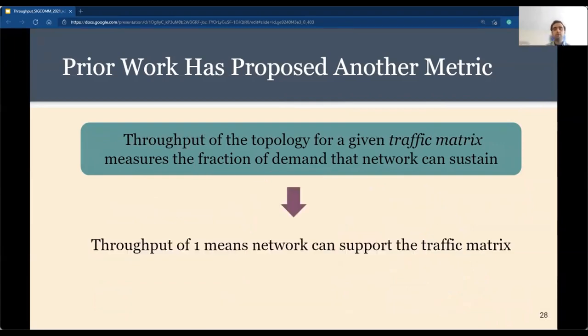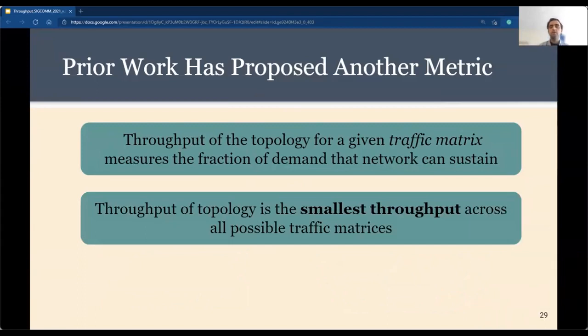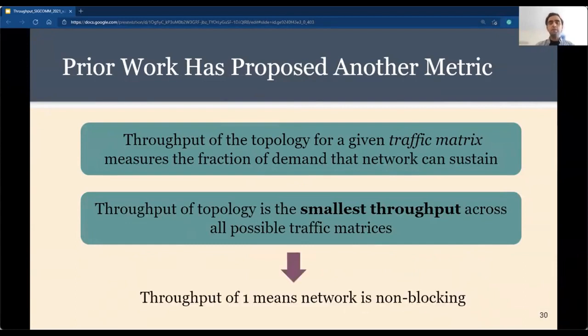When we say throughput of a traffic matrix is 1, it means that the network can handle the traffic without causing any congestion. Throughput of a topology is the worst case throughput over all the feasible traffic demands. So when we say throughput of a data center network is 1, it means that the network can handle all the feasible traffic demands, or in other words, is non-blocking.